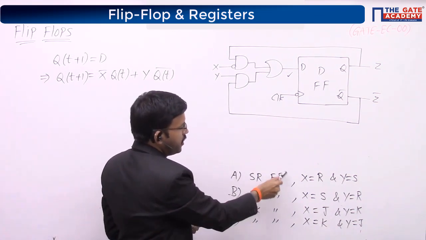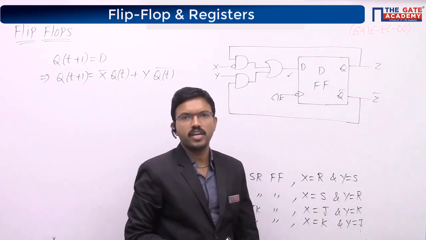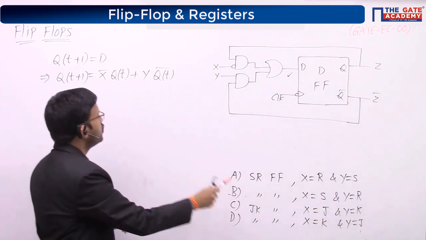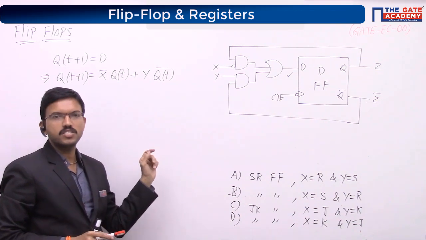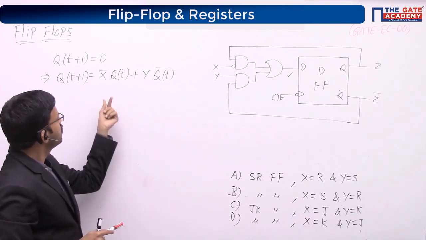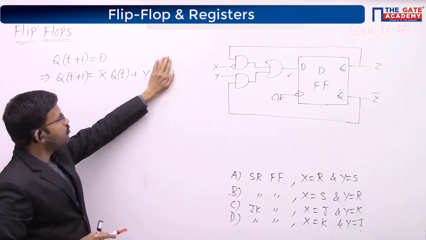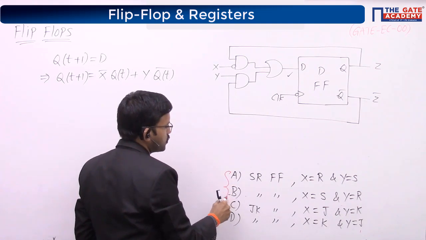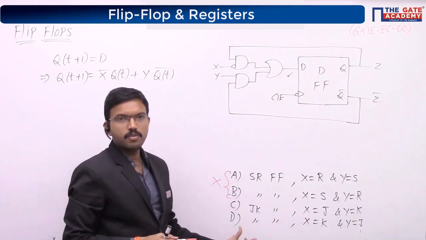Here two options are given as SR flip-flop, where x value and y value are different. If x and y are different, you never get the SR flip-flop characteristic equation, because the SR flip-flop characteristic equation is S plus R bar Q. Here you should have only this kind of term, so straight away you can eliminate option A and option B. It will be a JK flip-flop.